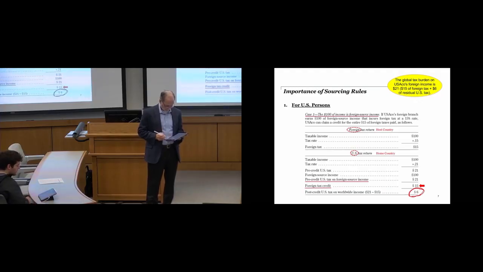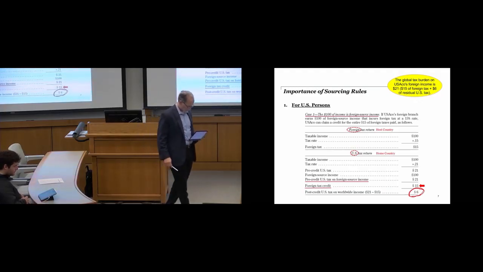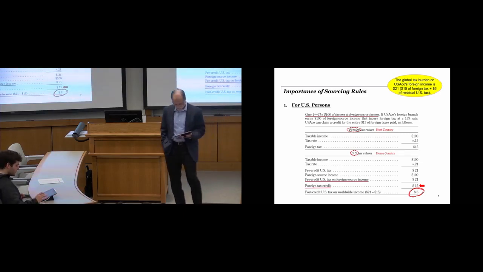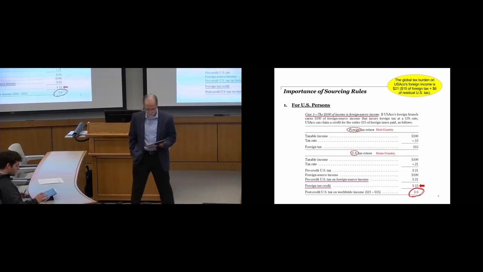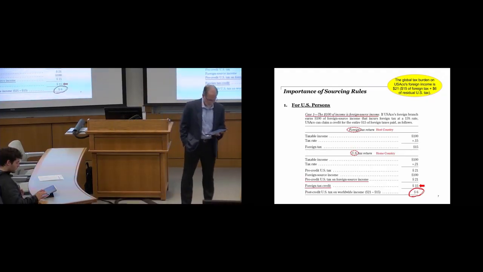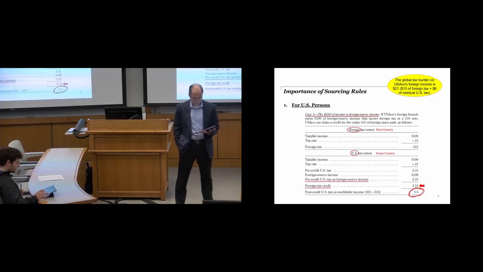So after the credit, the remaining U.S. tax is $21 minus $15, which is $6. Therefore, the total tax on this income is still $21: $15 paid to the foreign country and $6 paid to the U.S. Very good, very good. So this is an example.